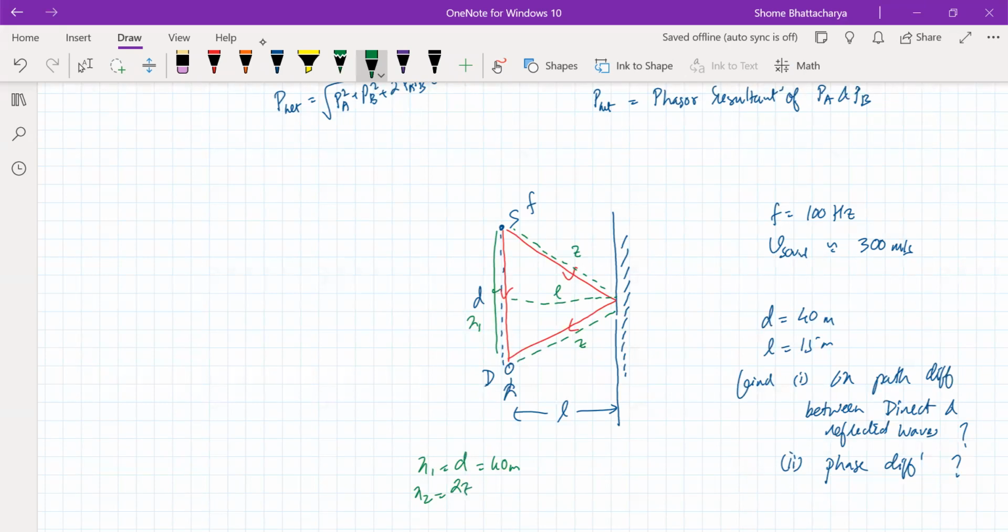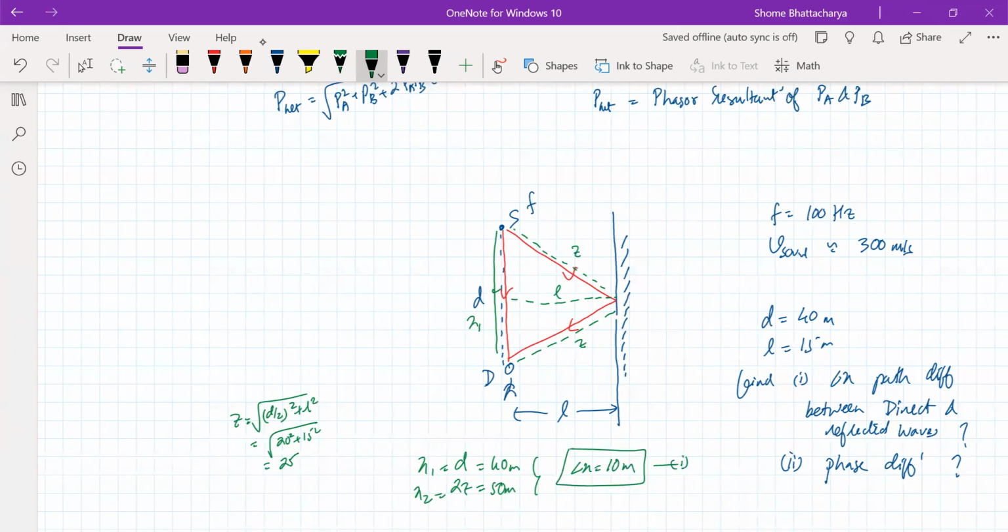So z will be square root of (d by 2) whole square plus l square. That is becoming 50 meters. So our path difference is 10 meters. That's the answer to the first part.